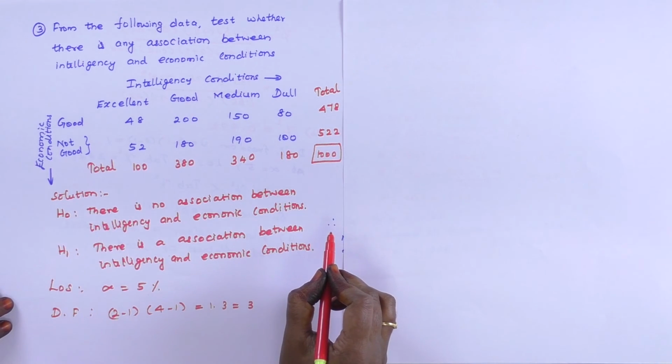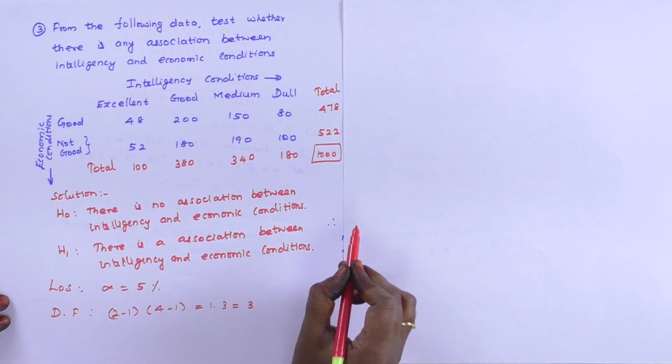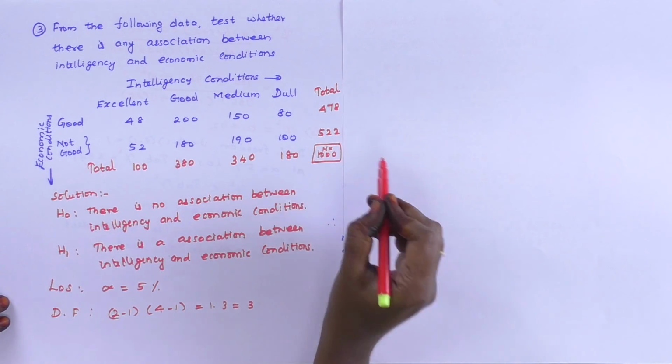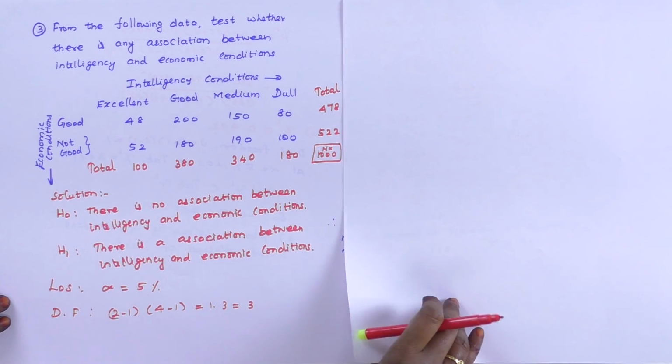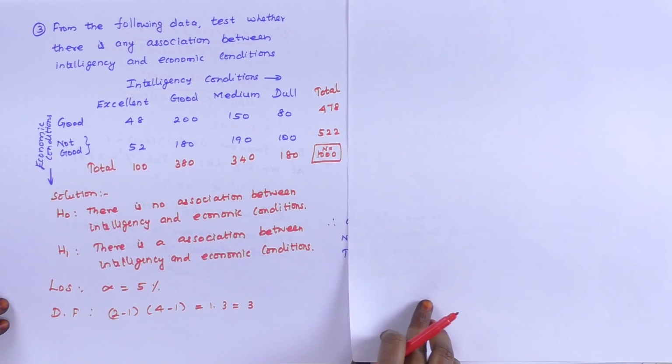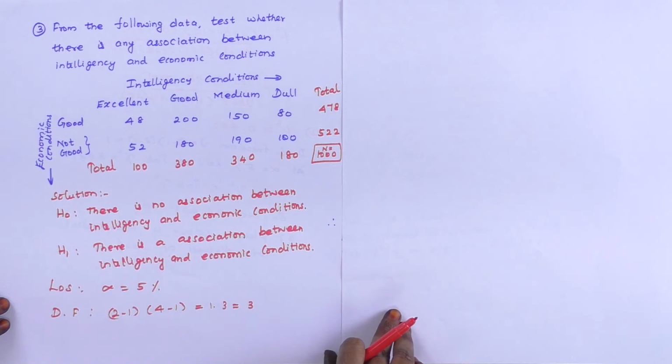These are the row-wise totals and column-wise totals and the total number of frequency N. Next, we want to calculate the expected frequency.